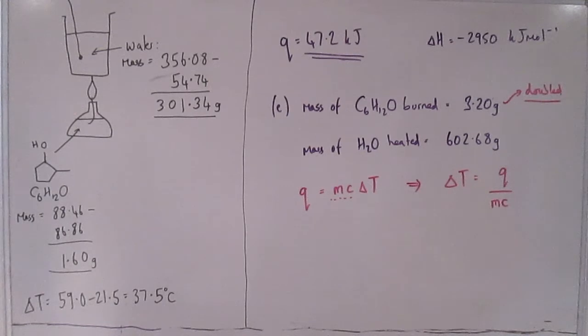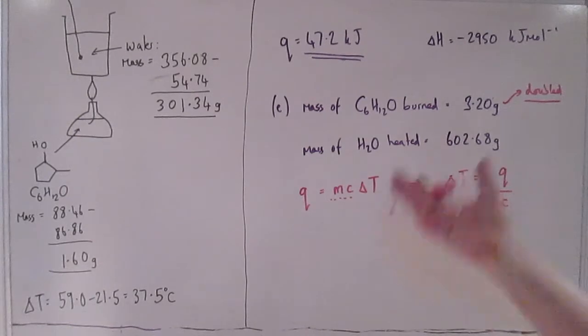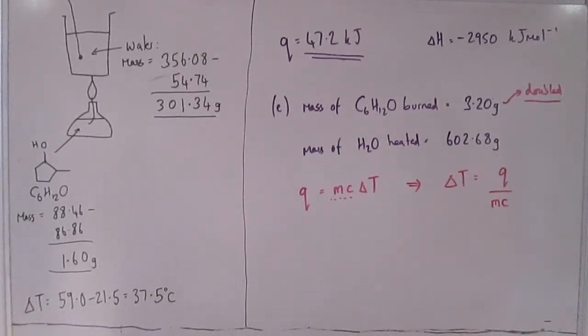But in this case, it's doubled. And obviously, each mole of alcohol gives a certain amount of energy. So if you double the number of moles, which you're obviously doing if you double the mass, then you double the amount of energy. It's as simple as that. So the amount of energy given out will be doubled because we're burning twice as much. And just common sense tells you that.